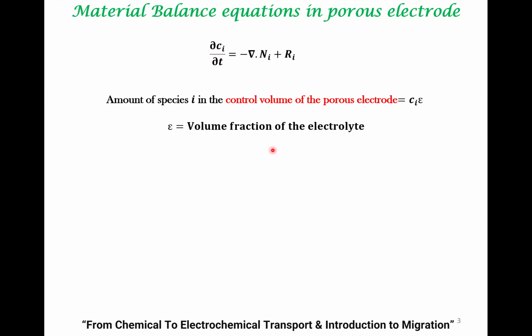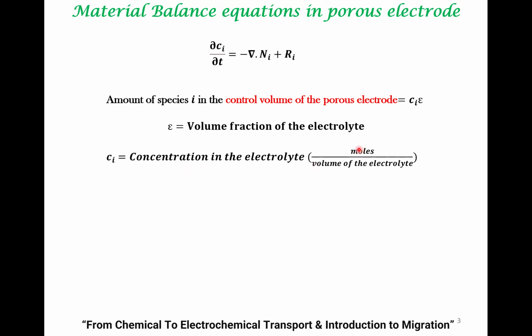So the electrolyte is present in the liquid phase, and the porous electrode contains both the electronically conducting solid phase and the ionically conducting liquid phase. The liquid phase component is specified by this term epsilon. And Ci refers to the concentration of the electrolyte only in the liquid phase.